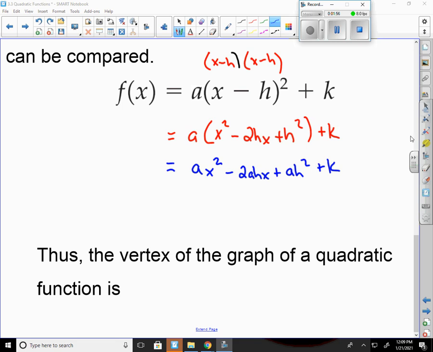If I'm grouping things together, I can group the ah squared plus k because there's no variable with those. If we're thinking about actual numbers within a problem, the h, the k, and the a are all just numbers. The x's are the only actual variable. So these things would be our constant. That would be our c.